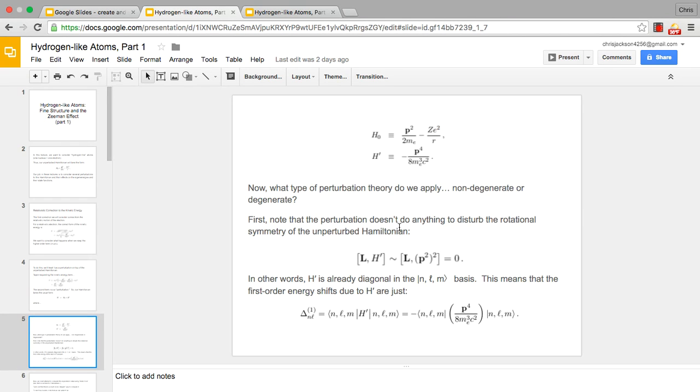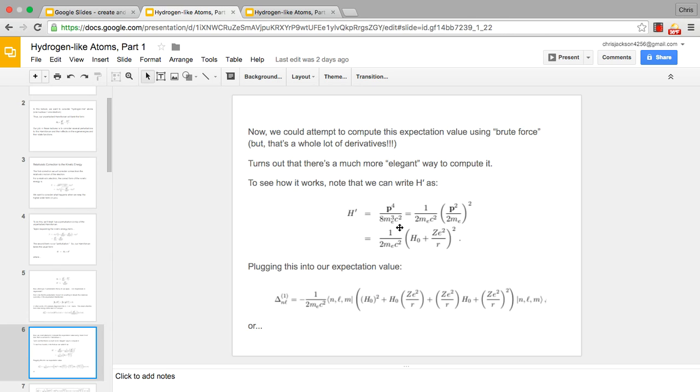And we went through and we computed the corrections to the first order to the energy. So we computed the corrections up to first order in this perturbation.